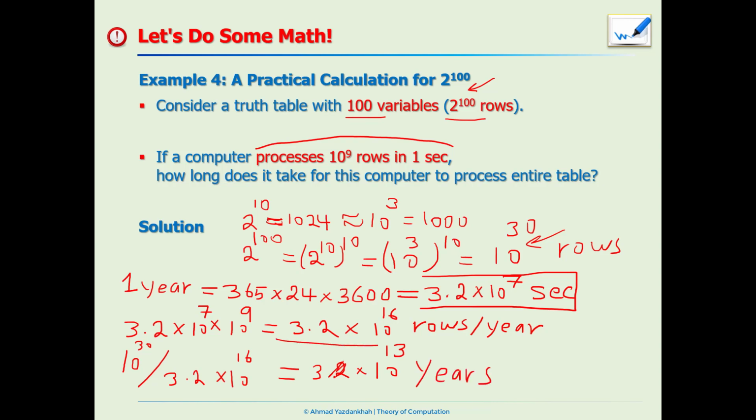And I'm sure that most of you are shocked. Yes, you are right: 3 with 13 zeros in front of that, years it takes to process this many rows. And just consider that we are using a very powerful machine. 10 to the 9 rows per second is a huge number, right? You see how horrible this exponential algorithm is.